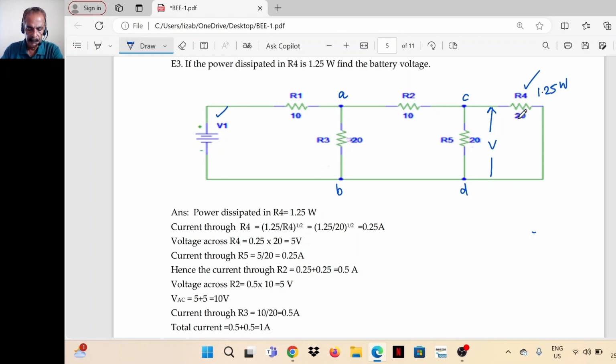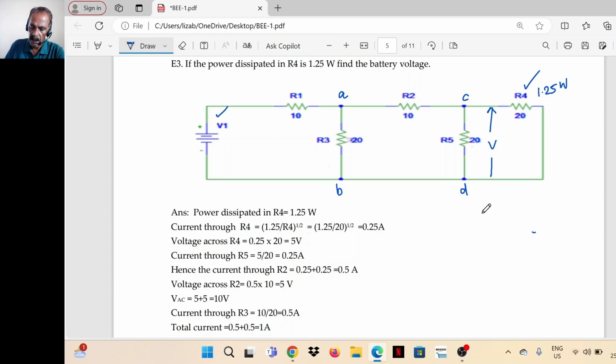Now, from the given information, that is power dissipated in R4 is 1.25 watts. So the voltage across R4 is V. V is the voltage across terminal C and D, and R4 is connected between terminal C and D. So voltage across R4 is V.